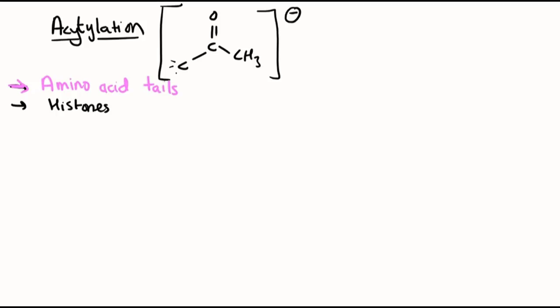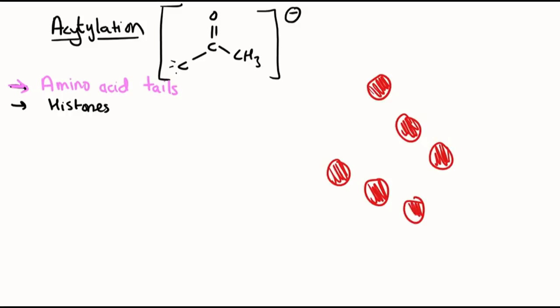DNA is in the form of chromosomes, which is in the form of chromatin, which is supercoiled DNA, which is wrapped around histones. So if I draw some DNA, it's tightly bound around the histone proteins.